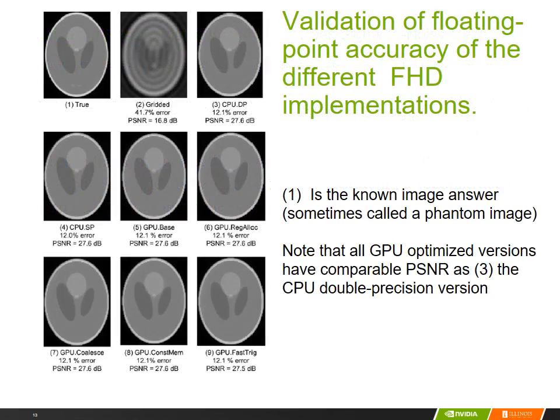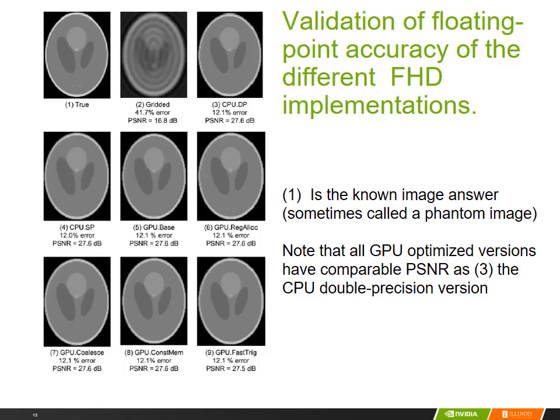This slide shows the result of a validation experiment. We start with a true image, and we note this is the image that we would like to be able to reconstruct. And then we run an MRI machine simulation to generate the k-space sample data that would have been produced if we used an MRI scanner on this particular type of object.